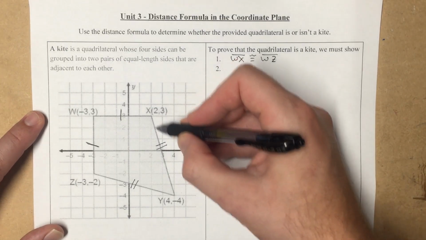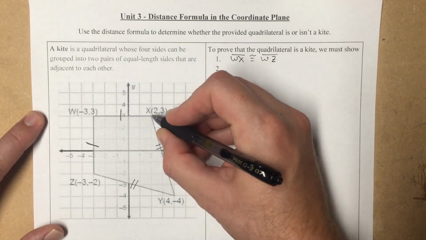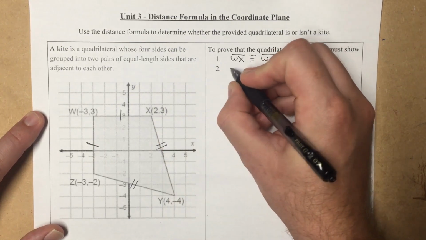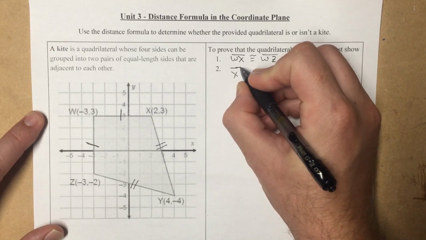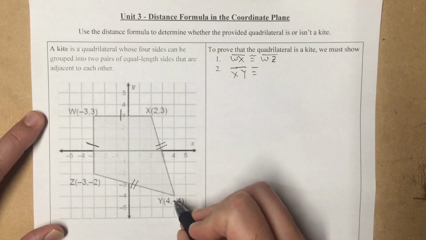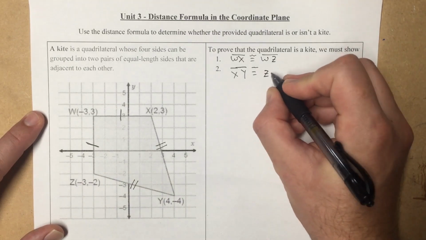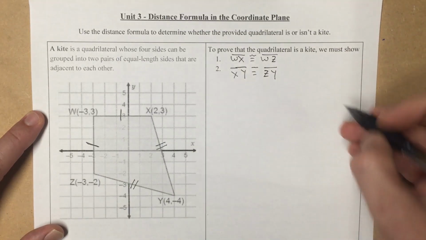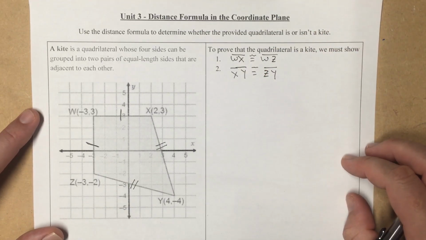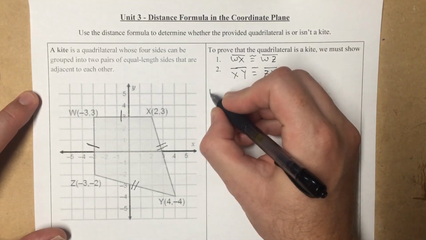And likewise, we need to show that side XY is congruent to side ZY. We need to show that these two things are true in order to prove that this quadrilateral is in fact a kite. I'm going to do number one first.